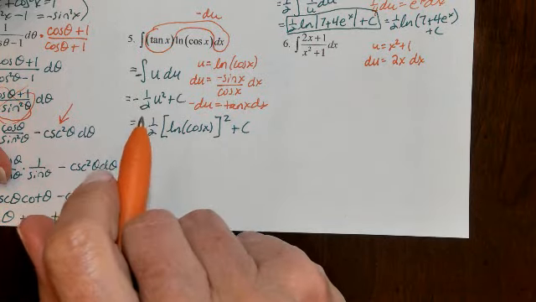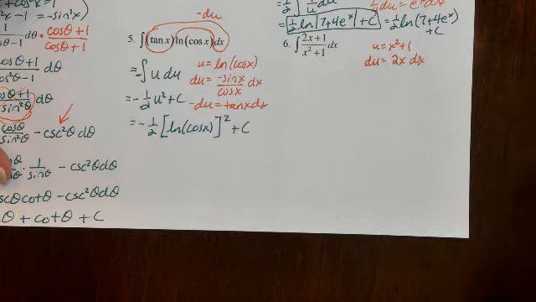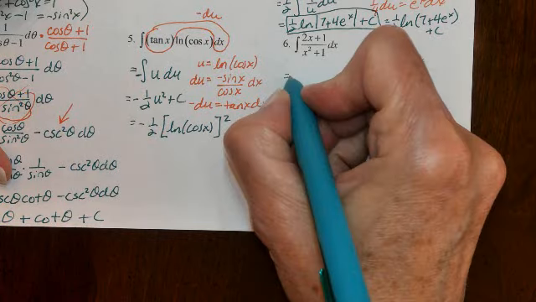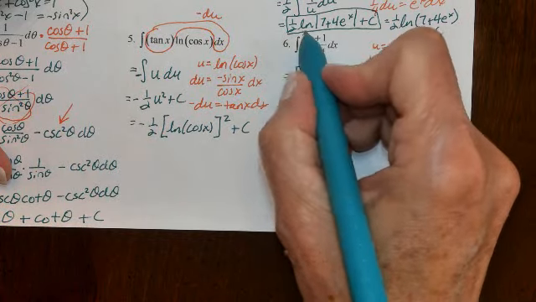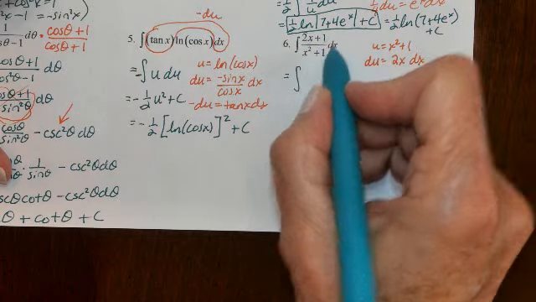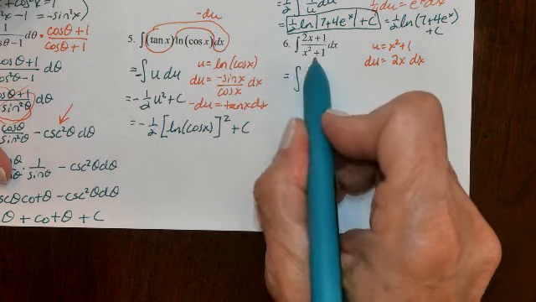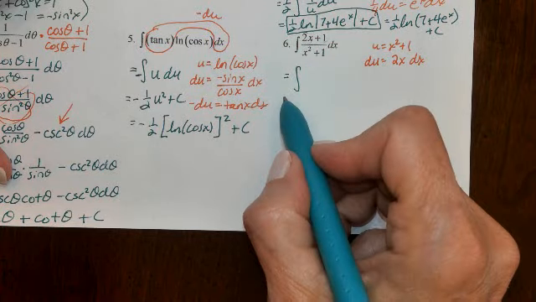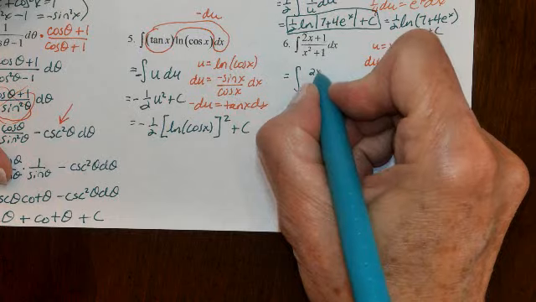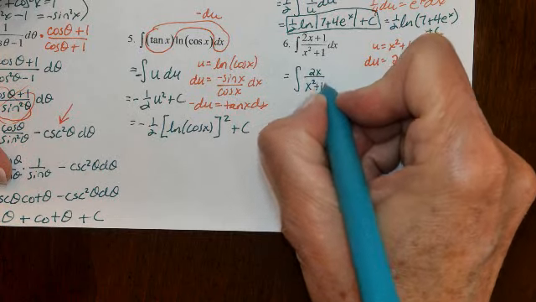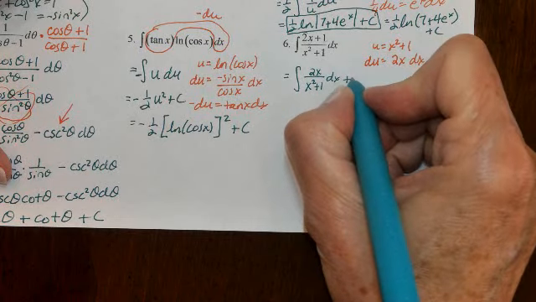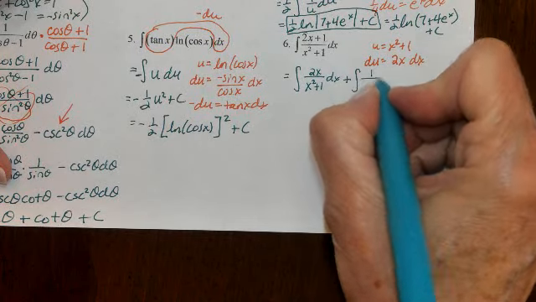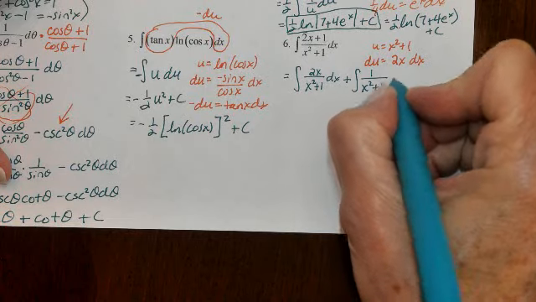Is there anything that we could do to get rid of that? Well, actually, yes, there is. We can split up the numerator. I said that you can never split up the denominator, but you can always split up the numerator. This is the same as 2x over x squared plus 1 dx plus 1 over x squared plus 1 dx.